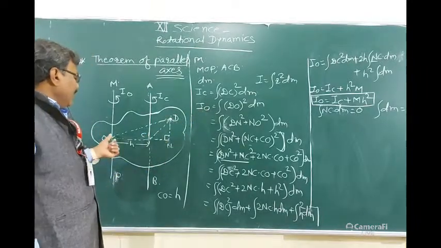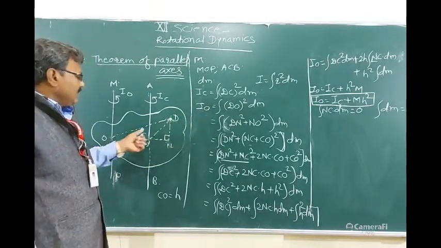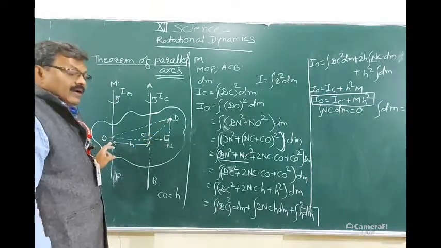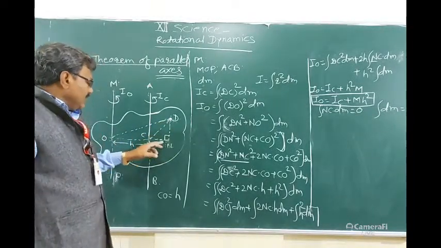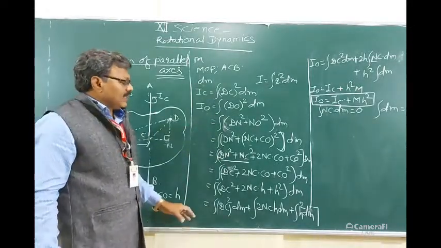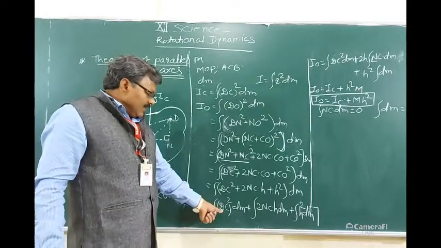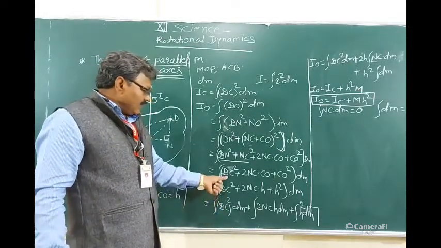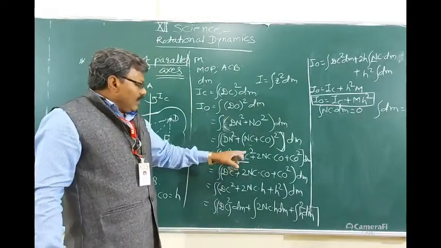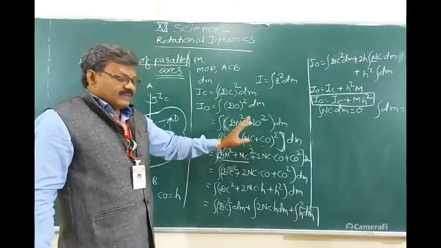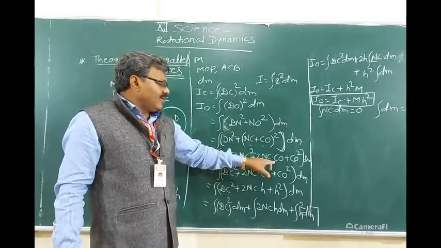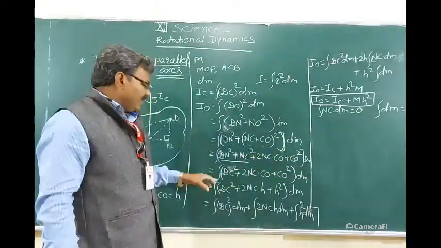But this DO, by using the Pythagoras theorem, DO square is equal to DN square plus NO square. But this NO is NC plus CO. By expanding this bracket, we get this as the NC square plus twice NC dot CO plus CO square.